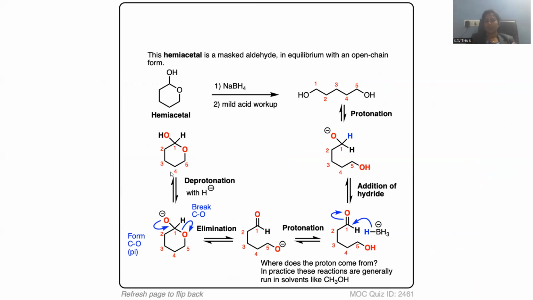Hemiacetal is a somewhat sterically hindered, sterically restricted molecule, so it is able to open the ring in order to get the free hydroxyl functional group. So sodium borohydride is working upon these hemiacetal forms. Initially, the molecule will be deprotonated. Initial deprotonation is required. The hydroxyl hydrogen will be removed, giving rise to O minus.